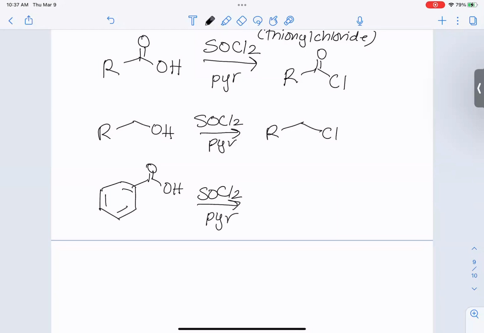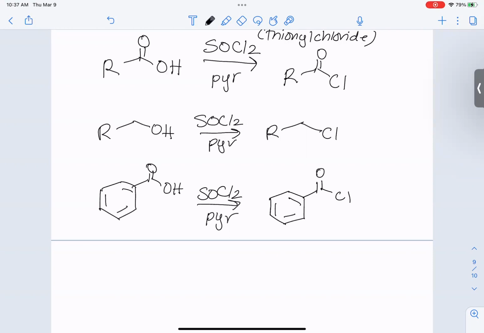Draw the product of that reaction. That's it, pretty straightforward, okay? That's how you make an acid chloride.